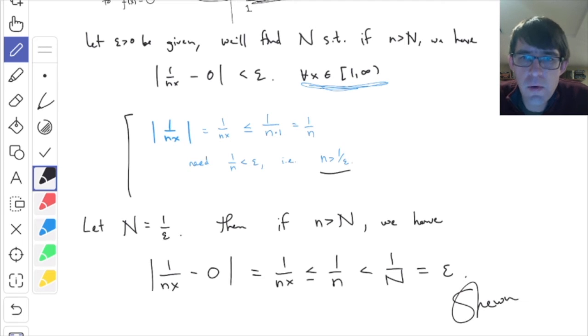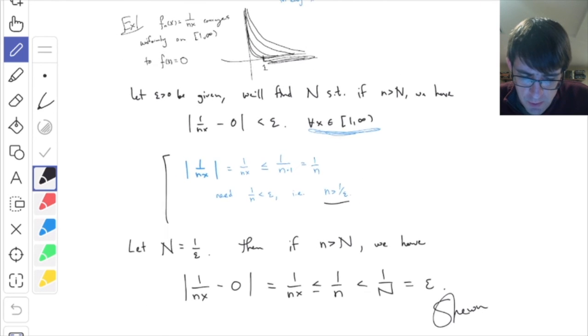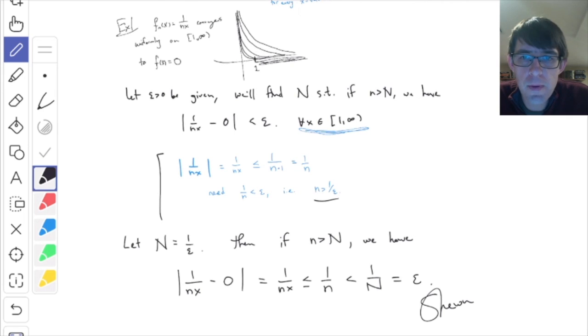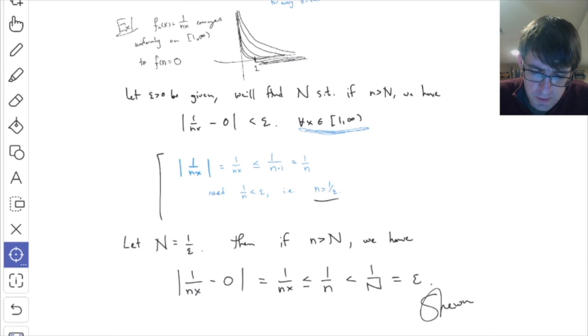All right, the old epsilon and big N proof. So this one does converge uniformly. If I were to try to extend the domain all the way over to 0, then the convergence would no longer be uniform. But 0 is not part of the domain, so you wouldn't really do that anyway.